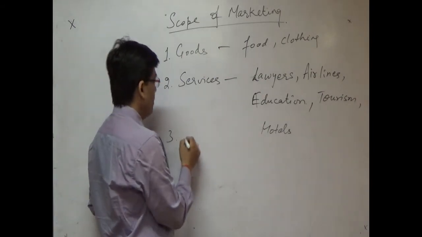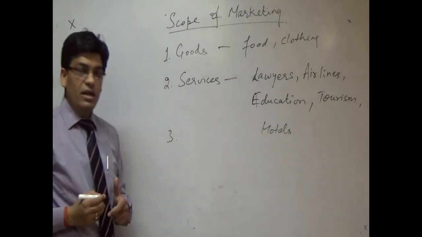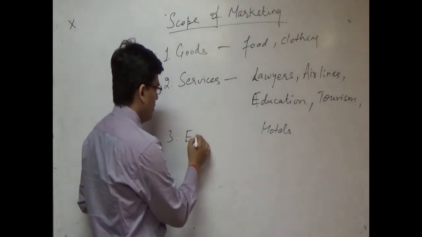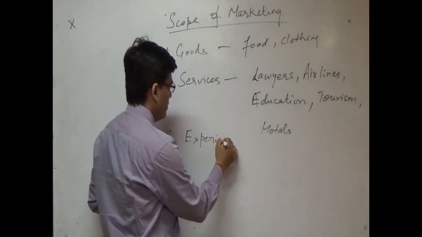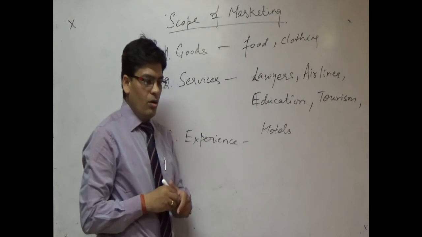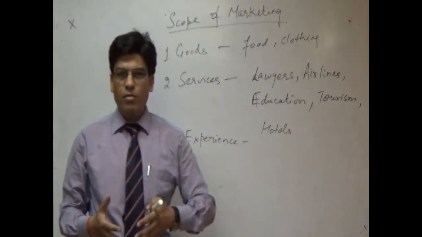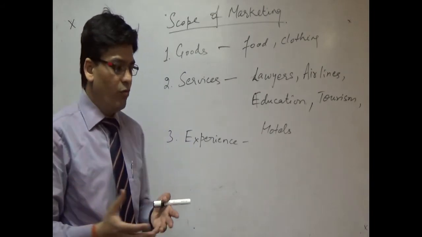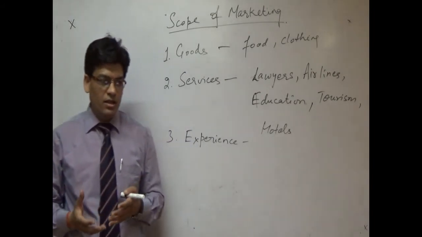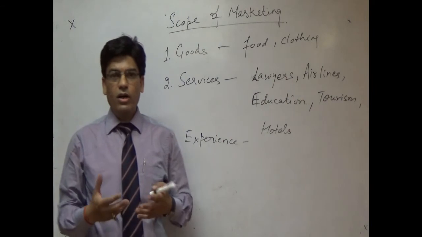Then, the third scope lies in experience. Now, what do we say is experience? For example, people visit Walt Disney World Magic Kingdom. We go to a haunted house.